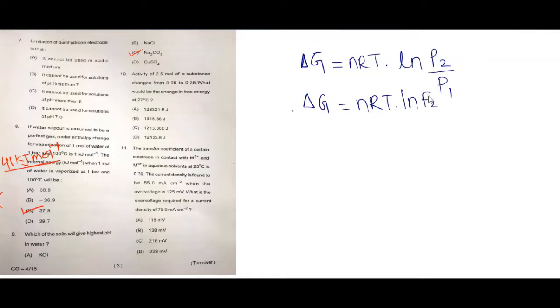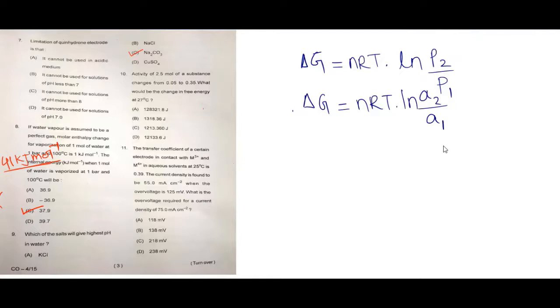Wait, not F2, I have to erase this. Since I use activity instead of pressure, it is A2 divided by A1. I already told that in that particular video.